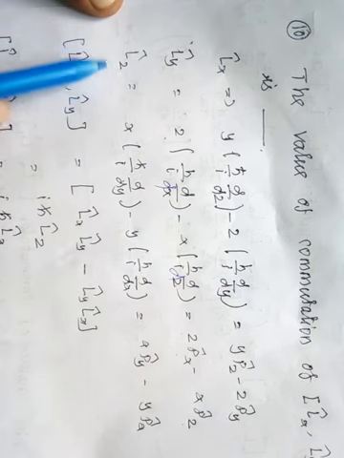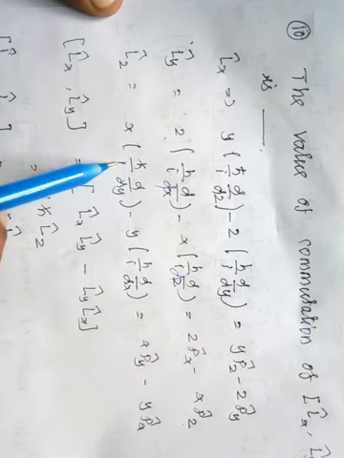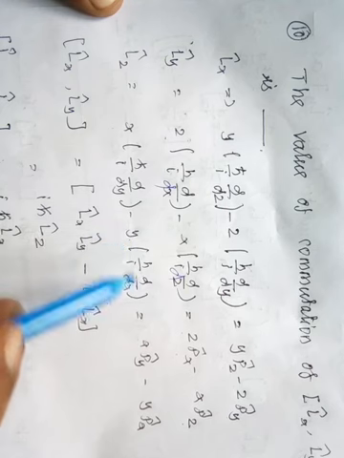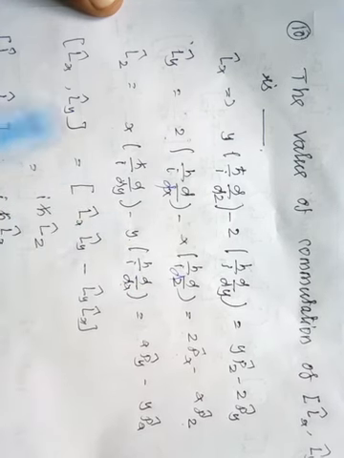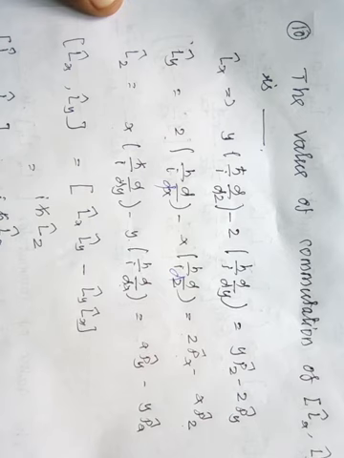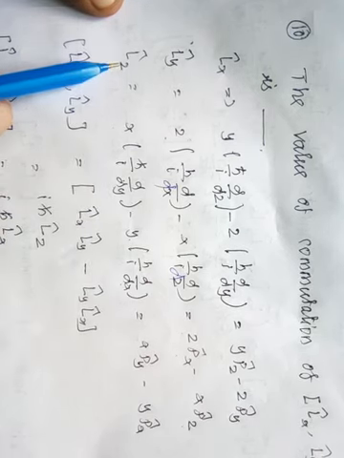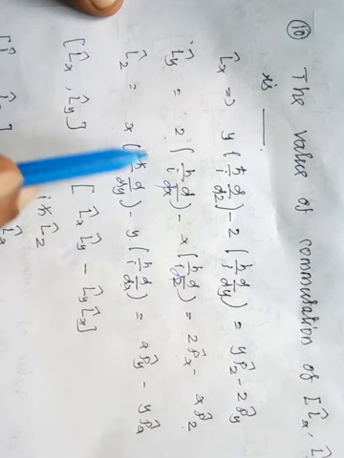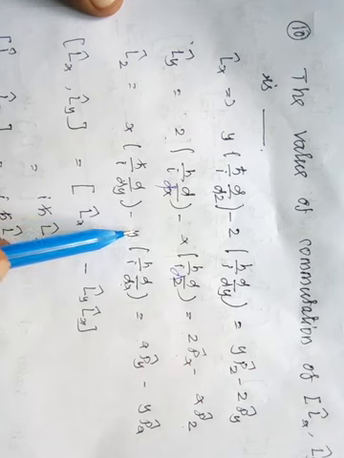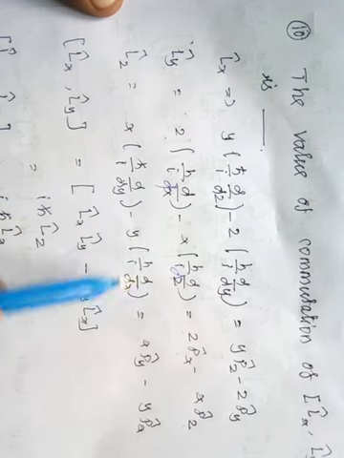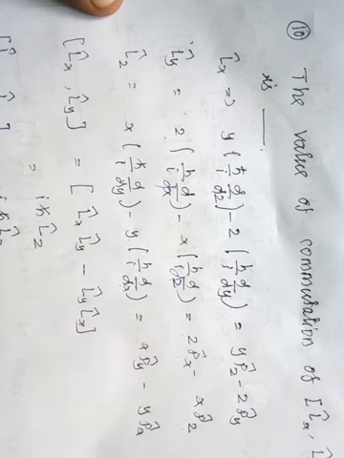Likewise, Lz in the z direction is x h cut by i d by dy minus y h cut by i d by dx. I will give you one important thing to remember. If it is the x axis, we have to start from the other two: y, then z, and afterwards x. In this way we have to remember it.